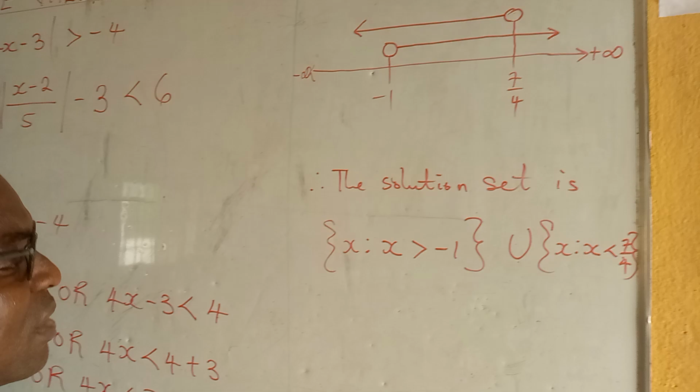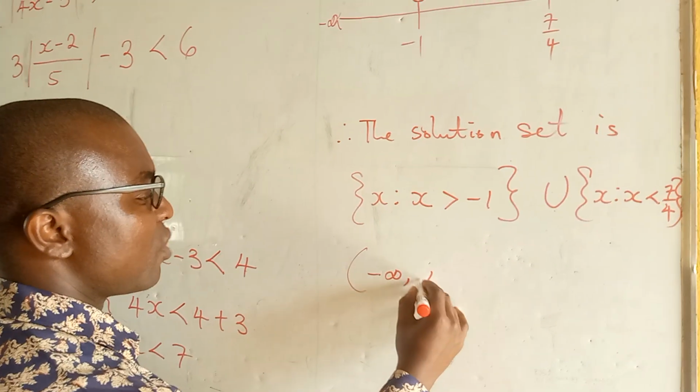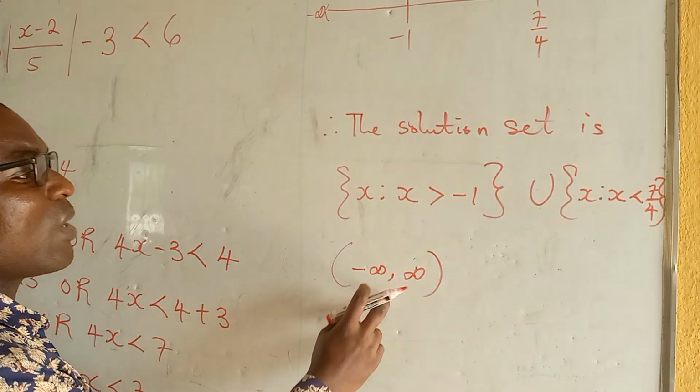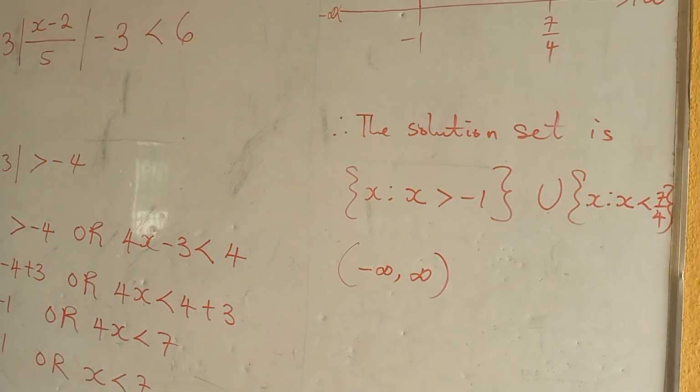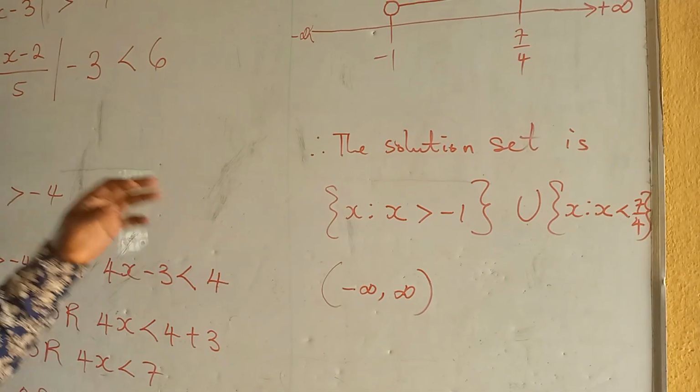Another way of writing this answer is from negative infinity to positive infinity. This is also another way of writing the answer. So that is the answer for question number 5.